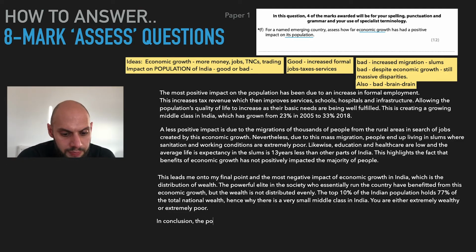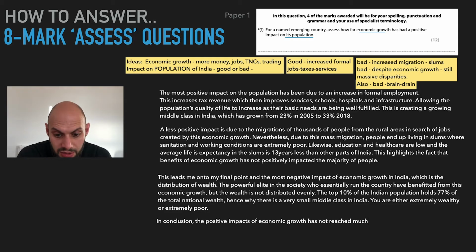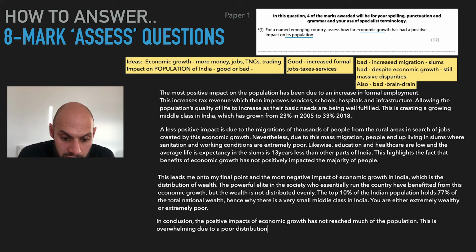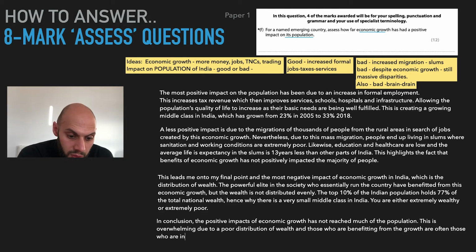So in conclusion, the positive impacts of economic growth have not reached much of the population. This is overwhelmingly due to a poor distribution of wealth, and those who are benefiting from the growth are often those who are in power or the government.